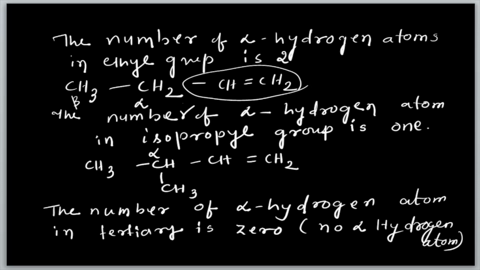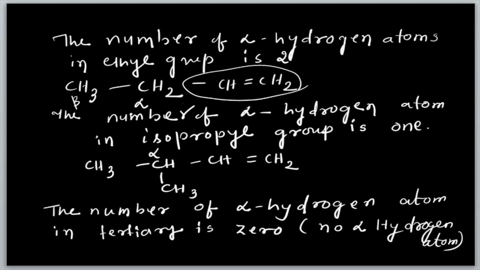After that, this is called alpha hydrogen and this is called beta hydrogen, because this is the alpha carbon and that is the beta carbon. Now count how many hydrogens are there: only 2. Sorry, if I said C2H5 has 5 alpha hydrogens, that is wrong, because this acts as a beta carbon and this acts as the alpha carbon. Only 2 hydrogen atoms are there. There are not 5 alpha hydrogens; look again properly, it has 2 alpha hydrogens.